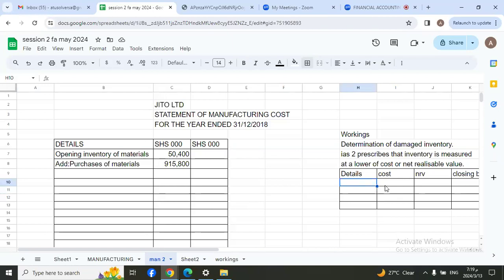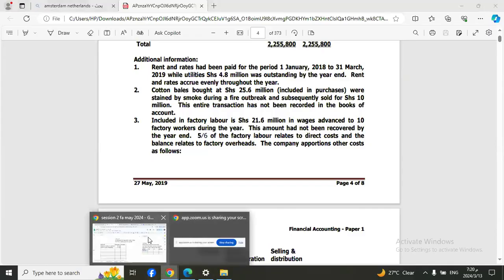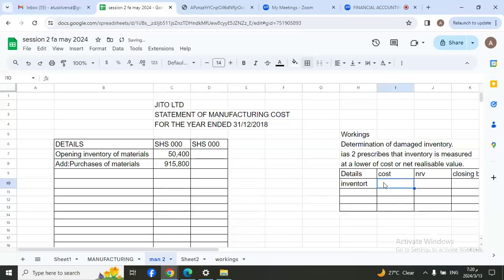So under my details, I will say inventory. I want to show you. My question is saying inventory of 25.6. I come under my workings, under the cost, inventory of 25.6.